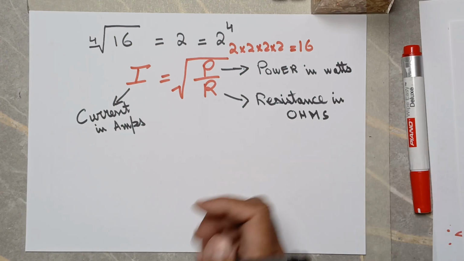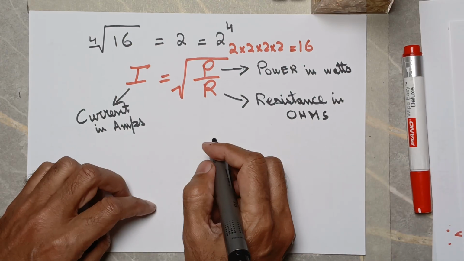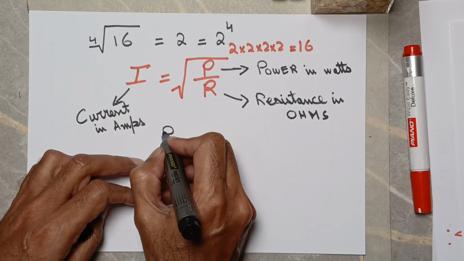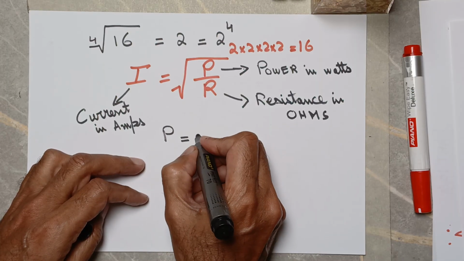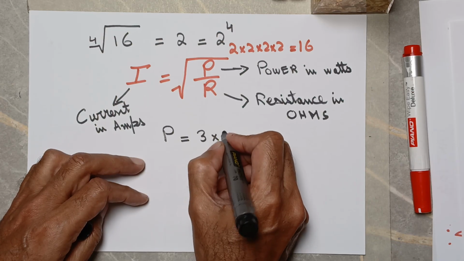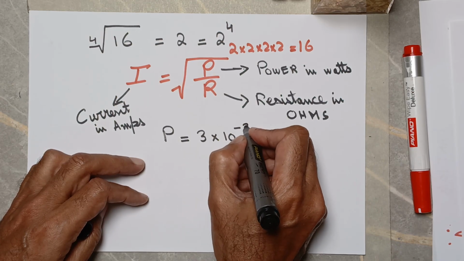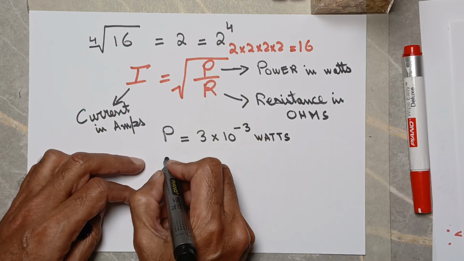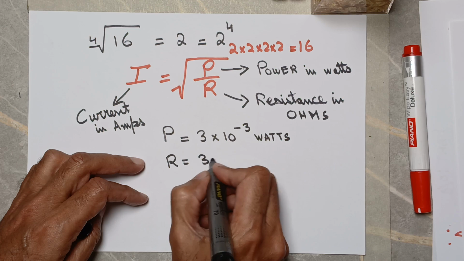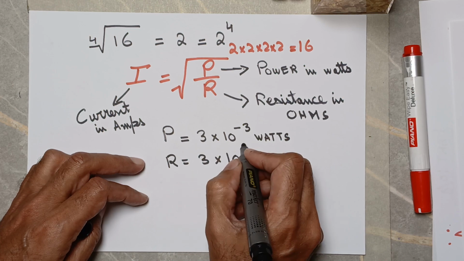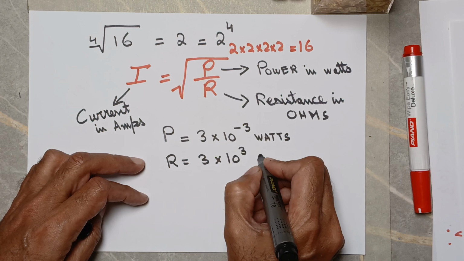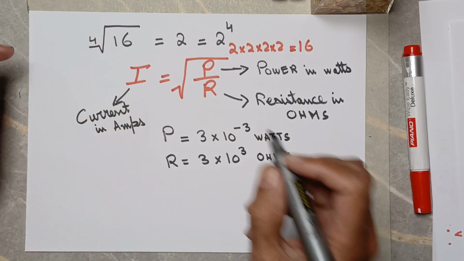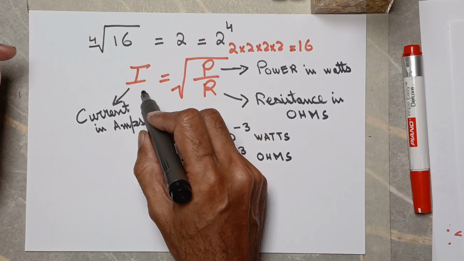Now, if the power dissipation is, suppose, 3 times 10 raised to the power minus 3 watts, and your resistance R is 3 times 10 raised to the power 3 ohms, and the problem is that you have to find the current in amps.